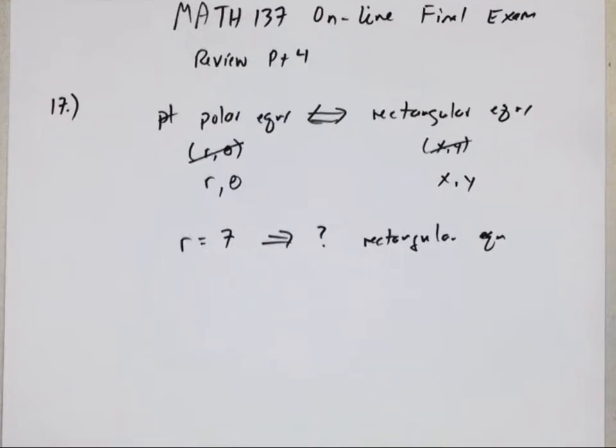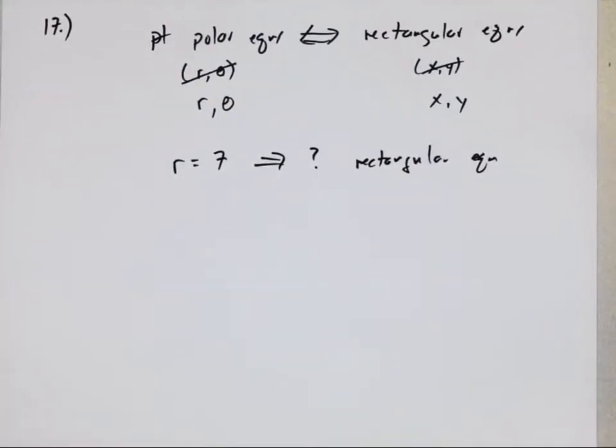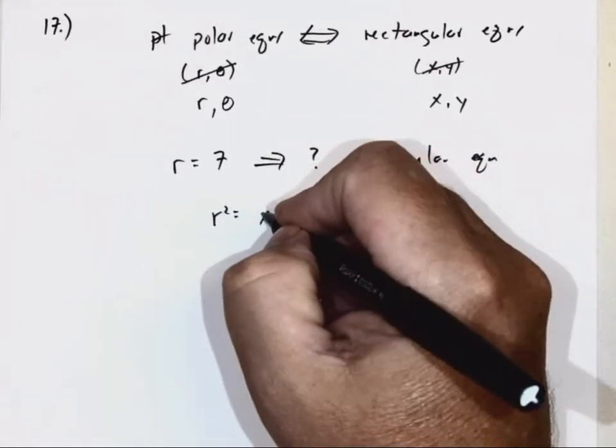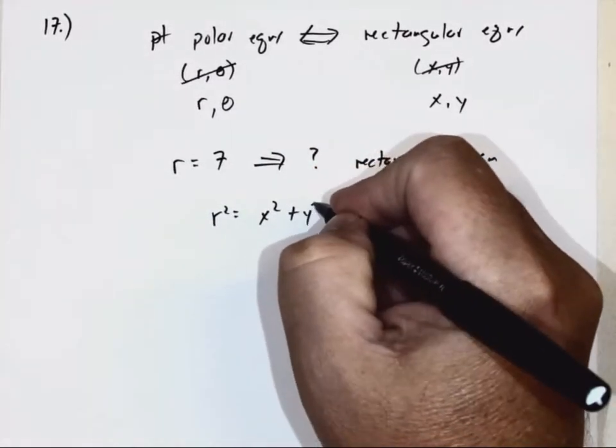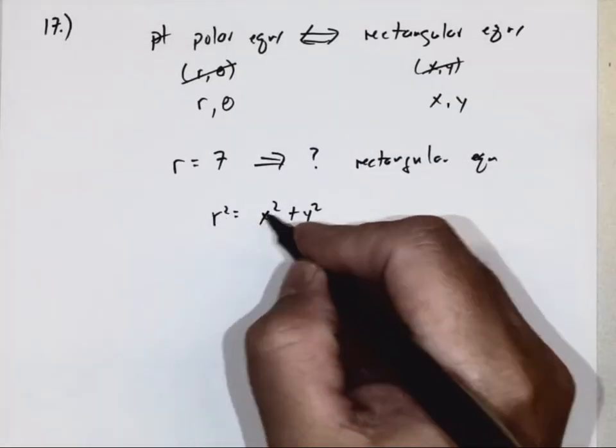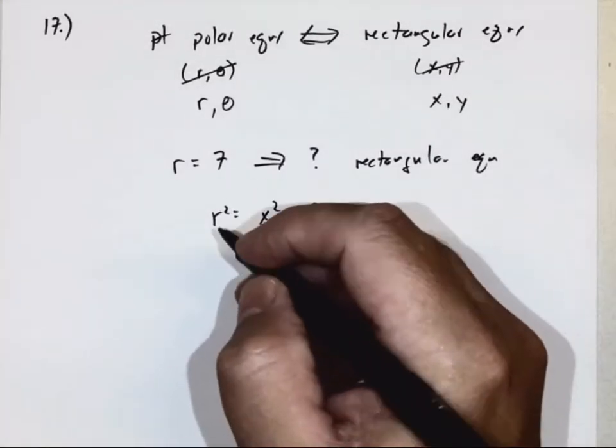Now, just like with polar coordinates, as a review, the equations that relate polar coordinates and rectangular coordinates, here's one for the radius, an x and y.